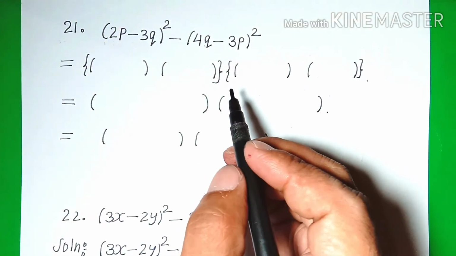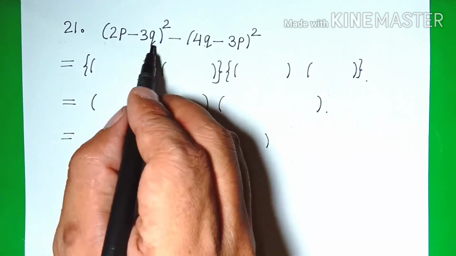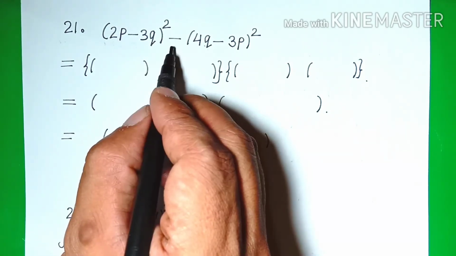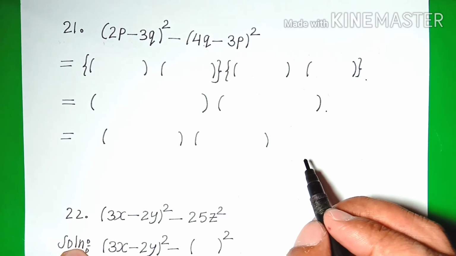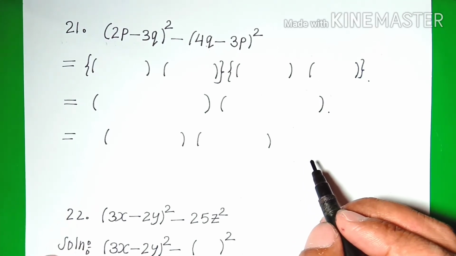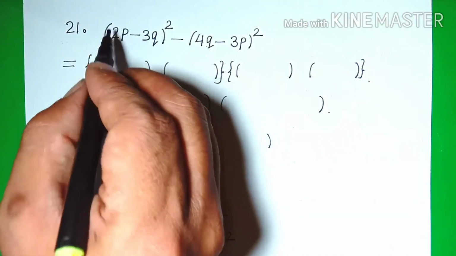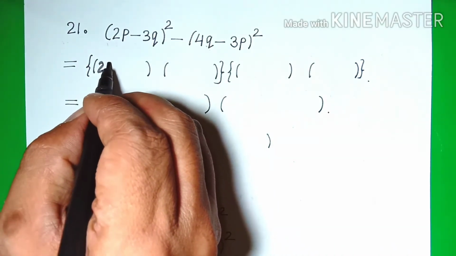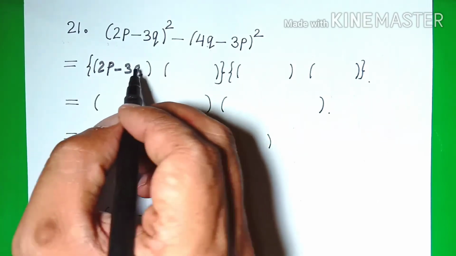The next one here, we can see a difference of two squares. This will be a square minus b square, and we know that a square minus b square equals a plus b, a minus b. So first take the value of a here, that is 2p minus 3q. This would be a.